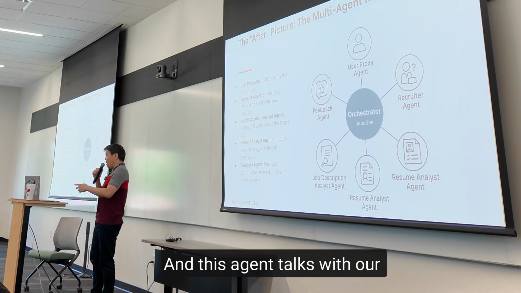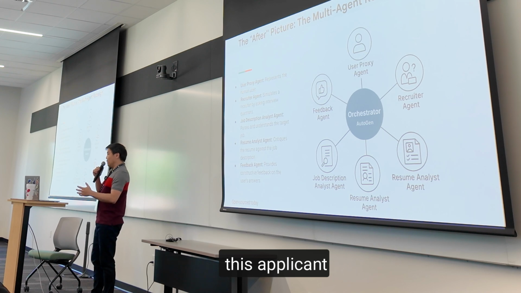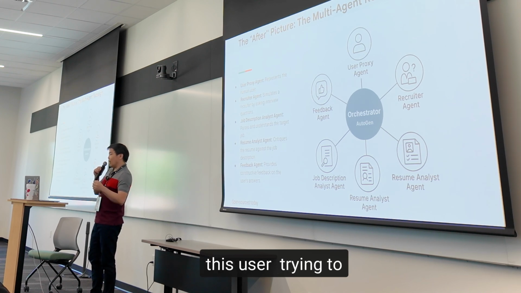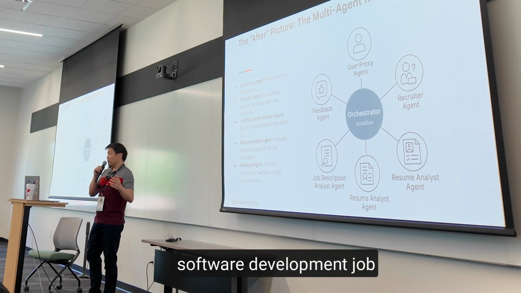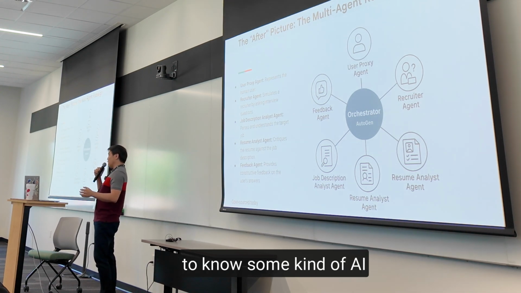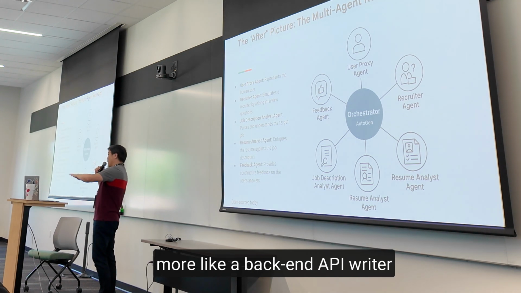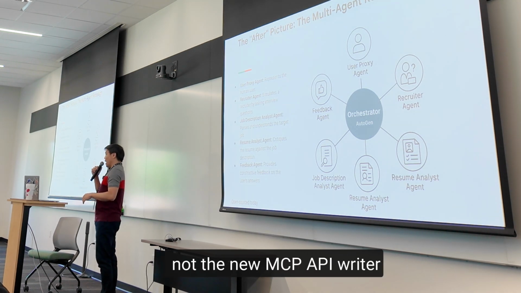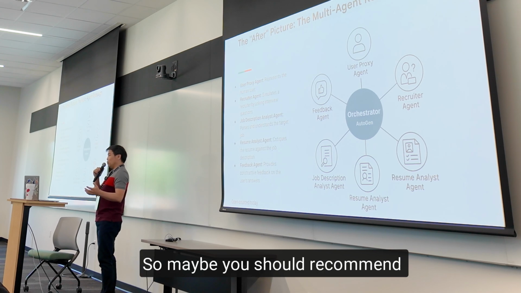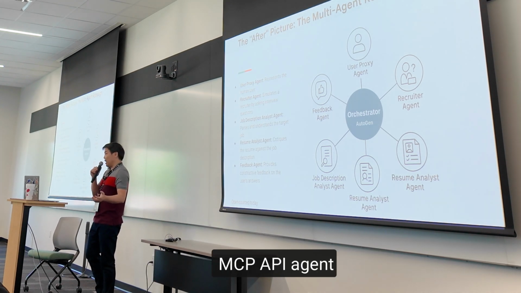And this agent talks with our orchestrator and tells it, oh, this user is trying to apply for this software development job, but this job requires you to know some kind of AI, and this applicant is more of a backend API writer, not a new MCP API writer. So maybe you should recommend that this user learn more about the MCP API agent.